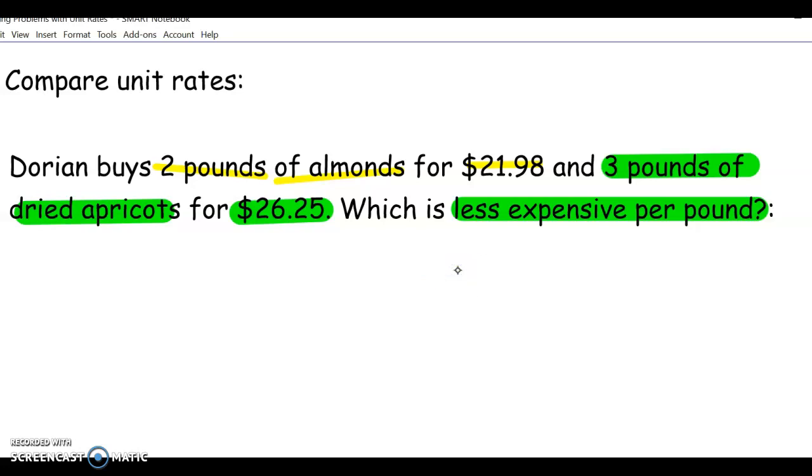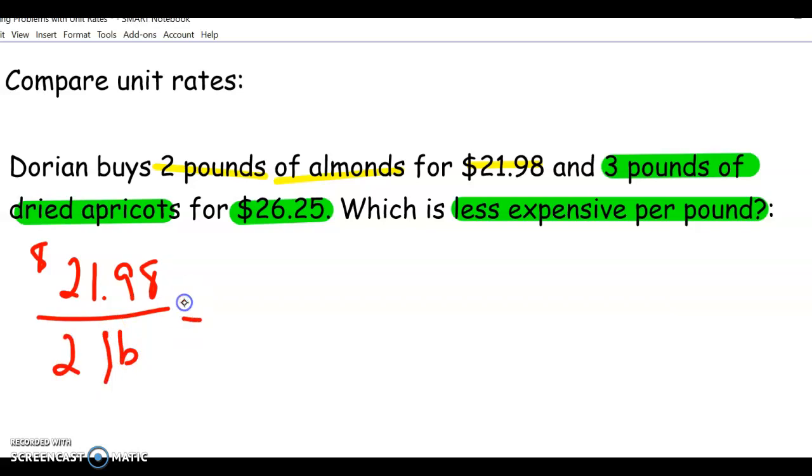Okay, so let's do almonds first, and we've got $21.98. Set it up as a rate for 2 pounds. All right, and since our denominator is 2, we're going to divide by 2.